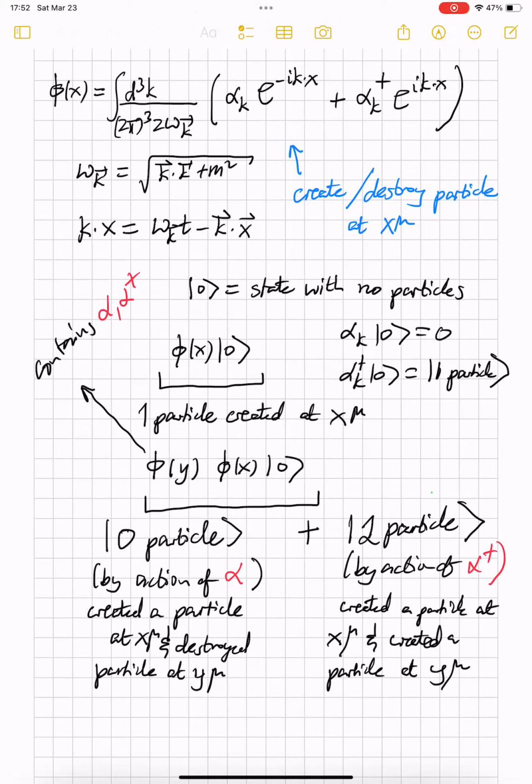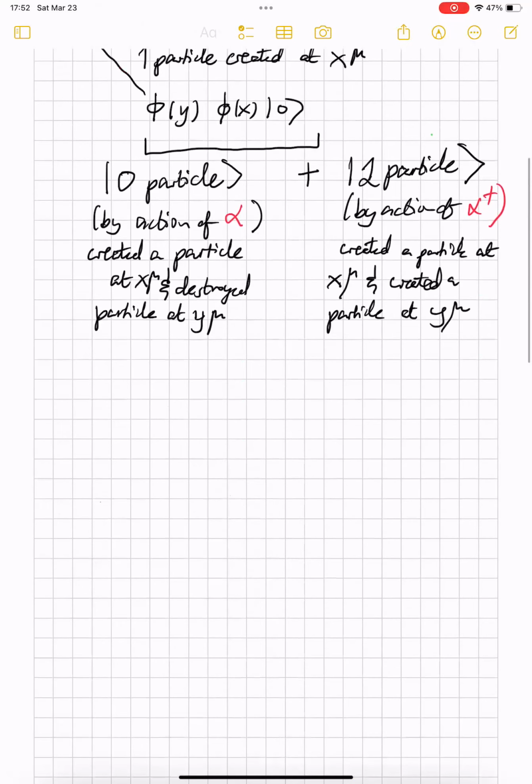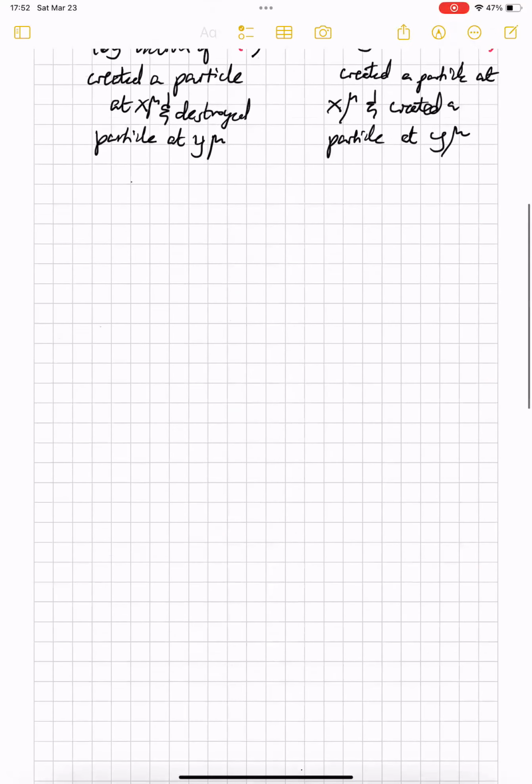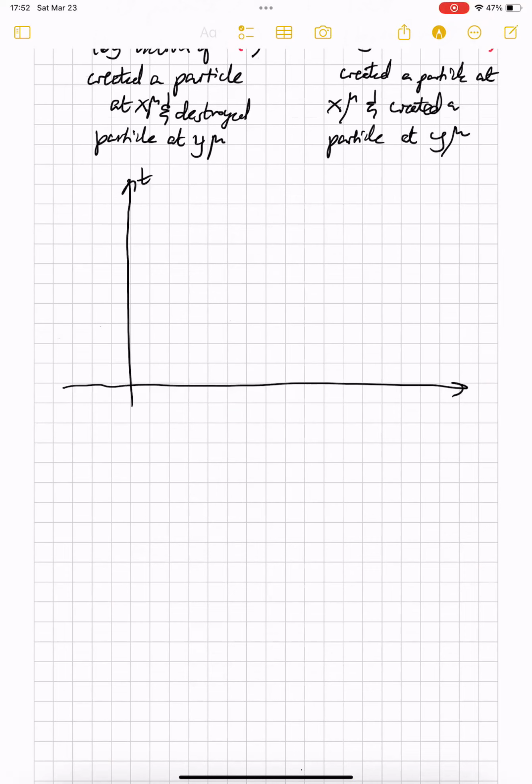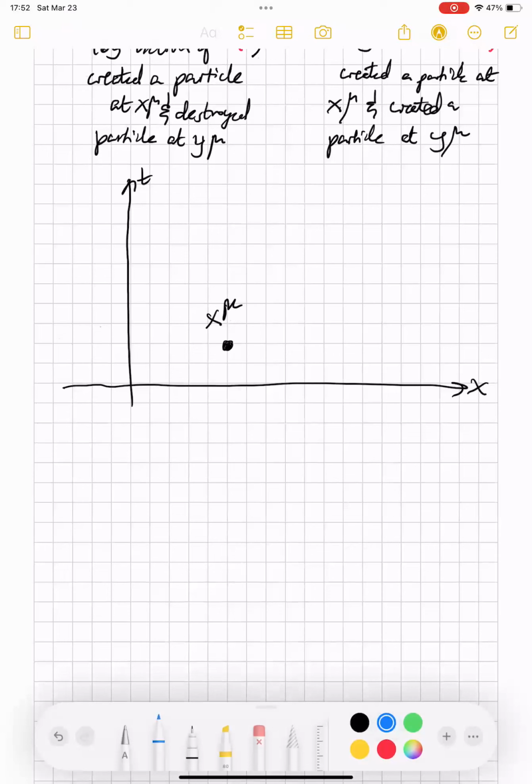Now, consider the following. So here's a space-time diagram. So this is t. This is x. Imagine we've got some event here. This event is x^μ. And let's draw the light cone of x^μ. So there's the one arm of the light cone. There's the other arm of the light cone.